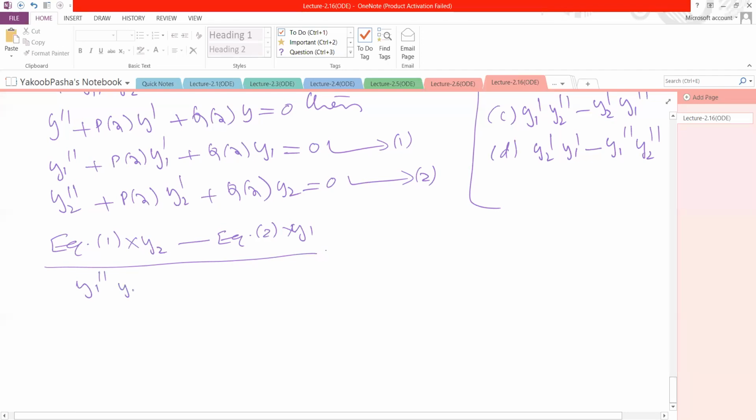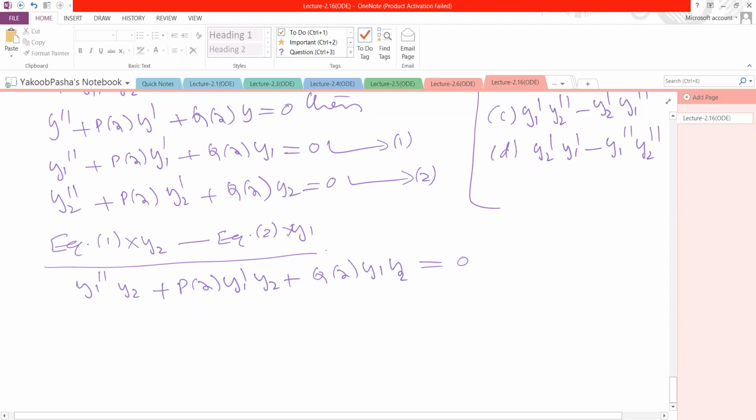y1 double dash y2 plus P of x into y1 dash y2 plus Q of x into y1 y2 is equal to 0. It takes time, even though we can do it.